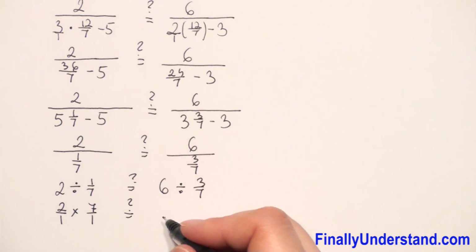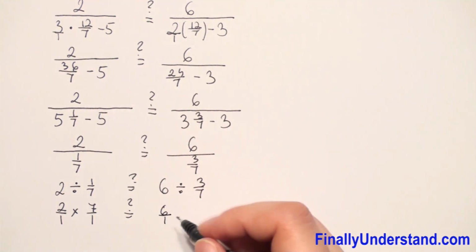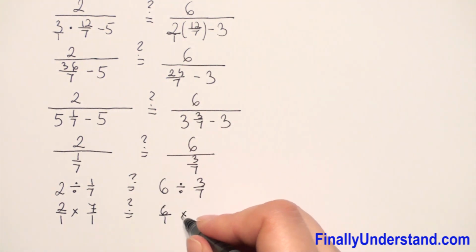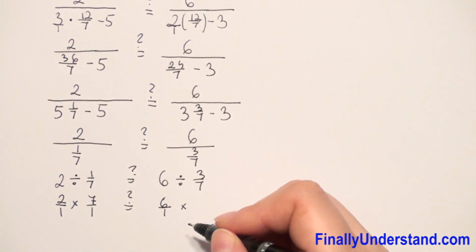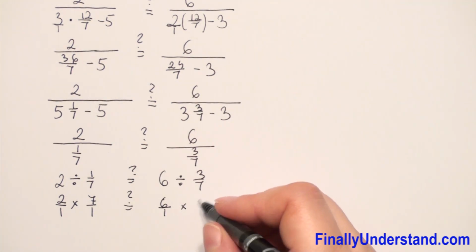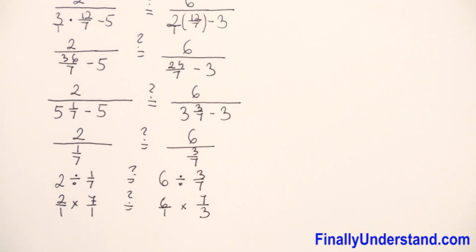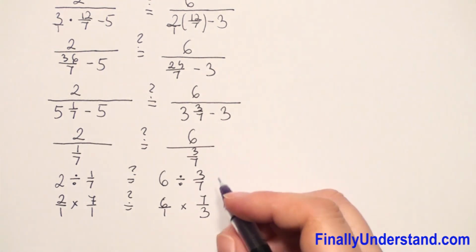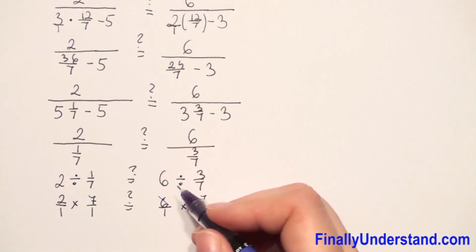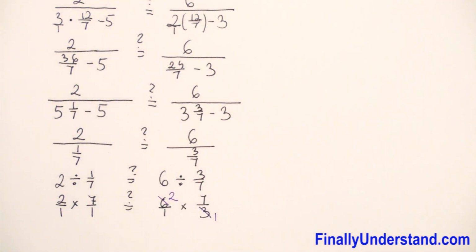This should be equal. We can write 6 as 6 over 1. Division sign we change to multiplication, and we have to flip the second fraction, so it will be 7 over 3. Now when we have multiplication, we can check if we can reduce. We can reduce 6 and 3, so it will be 1. 6 divided by 3 is 2. So on the left side we have 2 times 7.